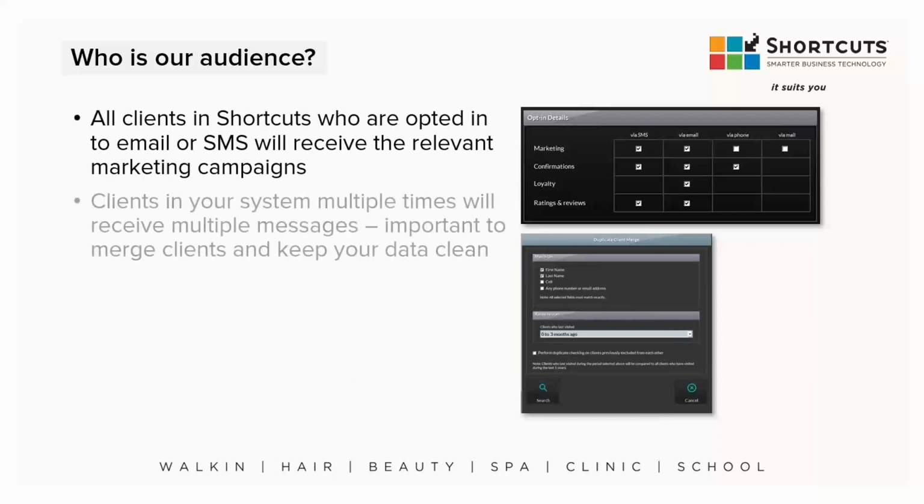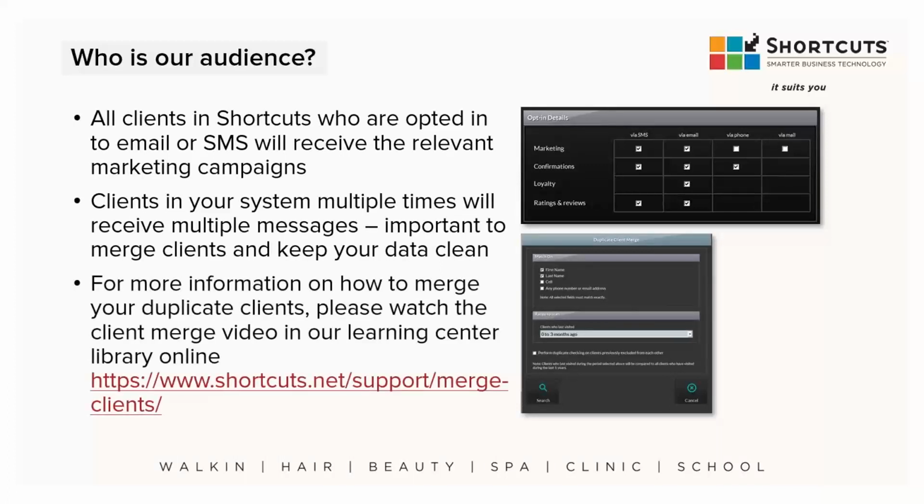So the audience in Shortcuts: who is designed to receive these messages? If you look at a client card, you're going to notice that every customer has some details available, some preferences. Shortcuts has different layers of customer contact info. If you have a customer's cell number, if you have a customer's email address, the customer gets to choose which messages they would prefer to receive.